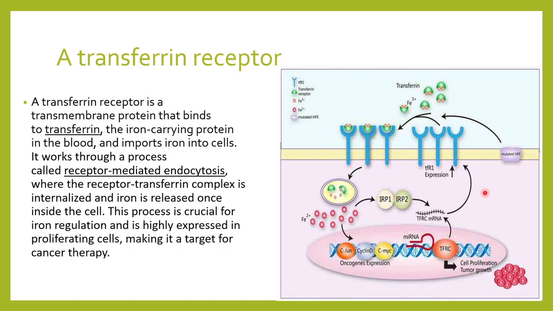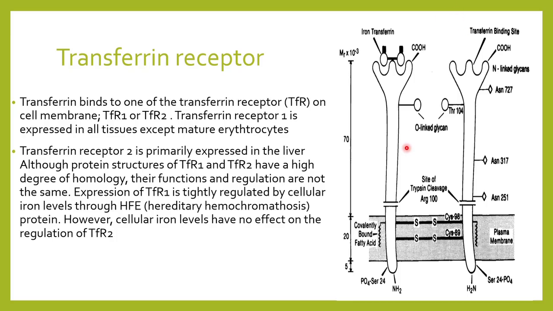This process is very important and crucial for iron regulation, and it is highly expressed in the proliferating cells. That is why this transferrin receptor is expressed very much in the cancer cells, and it is also used for targeting the cancer therapies, etc. So this is the transferrin receptor.